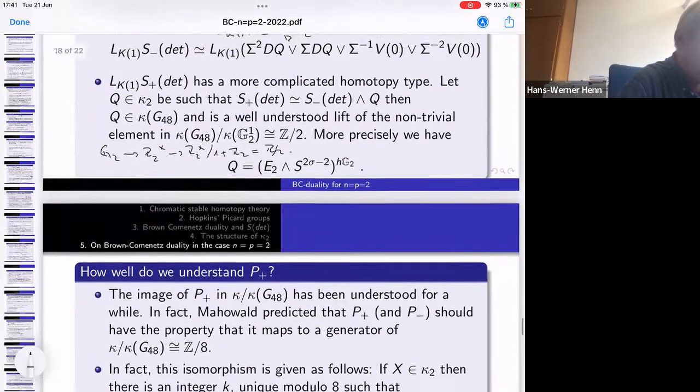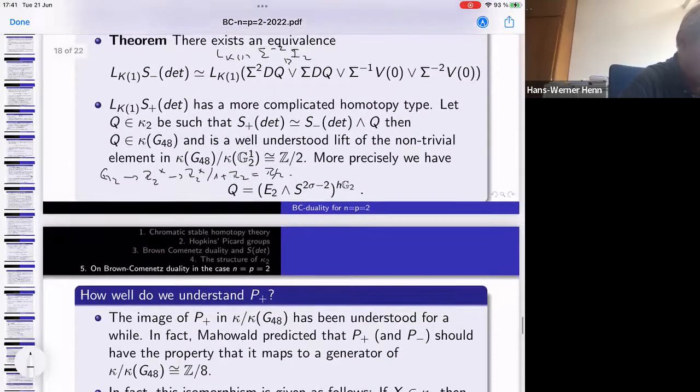Well, the image of P plus in the top filtration quotient of the subgroup filtration has been understood for a while.